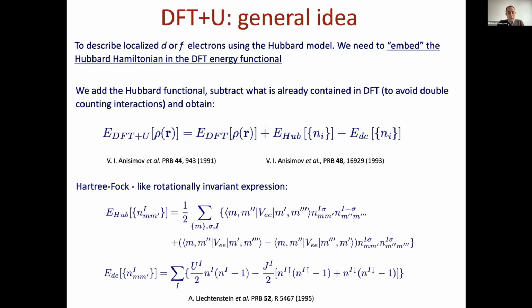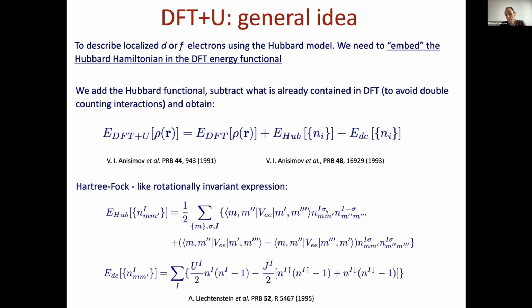Through the years, there's been a lot of development, of course, and a nice formulation was given in '95 by Lichtenstein and his co-workers, who came up with a so-called rotationally invariant expression based on screened Hartree-Fock, where the effective interactions change according to the rotation of these states on the same site, so as to compensate the rotation of the operatorial part.